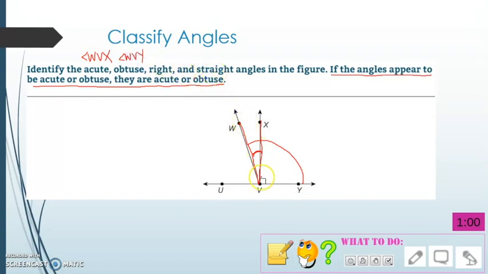For a right angle, that has to be clearly marked with a box. The right angle is angle XVY. And then the only straight angle here would be UVY. You could also reference any of the segments individually, but as far as an angle goes, that's the only one there is.